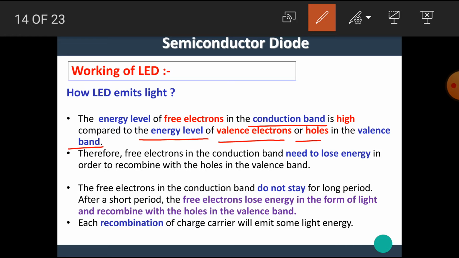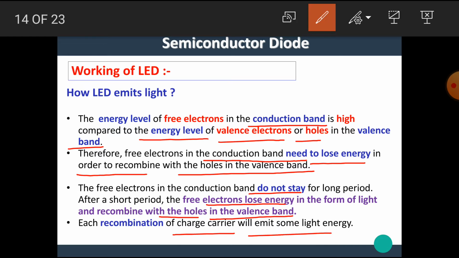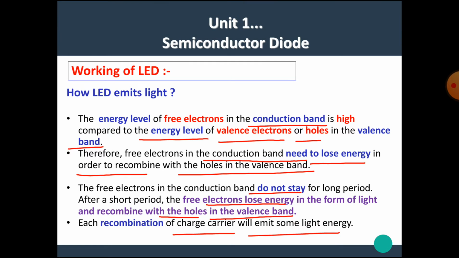Therefore, free electrons in the conduction band need to lose energy in order to recombine with the holes in the valence band. The free electrons in the conduction band do not stay for a long period. After a short period, the free electrons lose energy in the form of light and they recombine with the holes in the valence band. Each recombination of the charge carriers will emit some light energy.